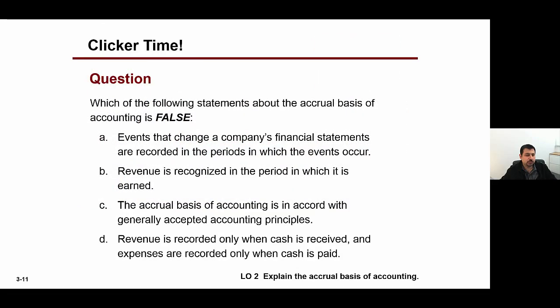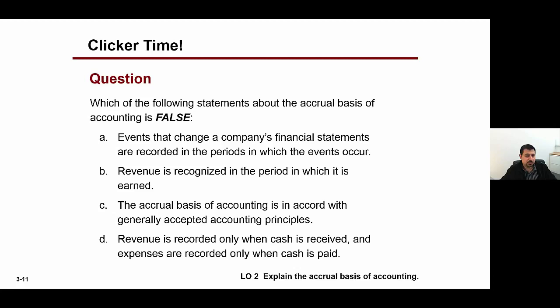This is a summary now. Let's look at this question. Which of the following statements about the accrual basis of accounting is false? Events that change a company's financial statements are recorded in the periods in which the event occurred. Revenue is recognized in the period in which it is earned.